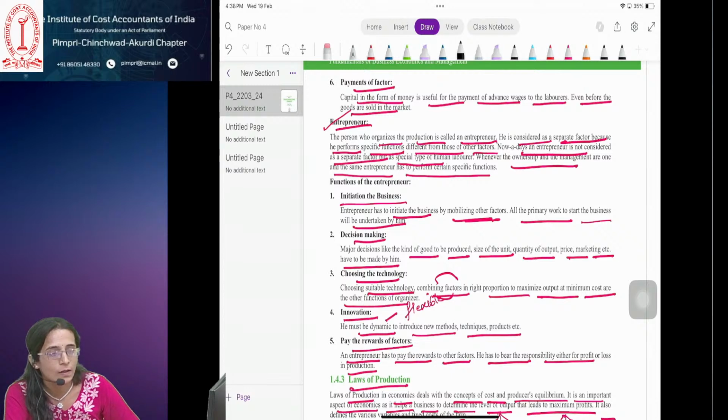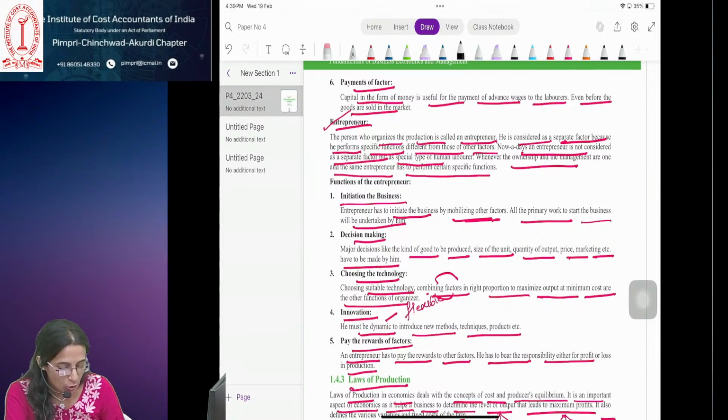Right, guys? And who is solely responsible for the profit or loss, the risk he is taking? The entrepreneur, right? Whatever risk he takes, he is responsible. Whatever risk he takes, and due to that risk, he earns profit or loss, he is the person who will be responsible for that.